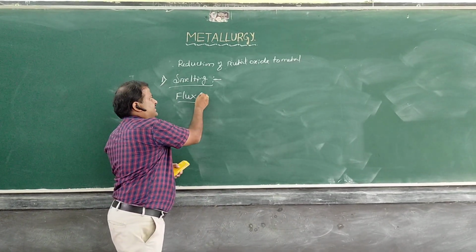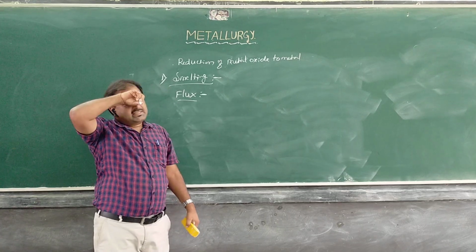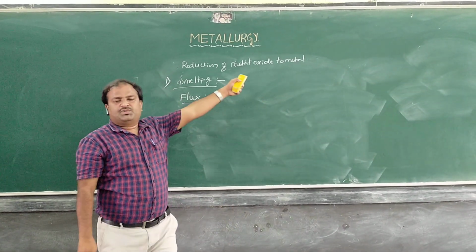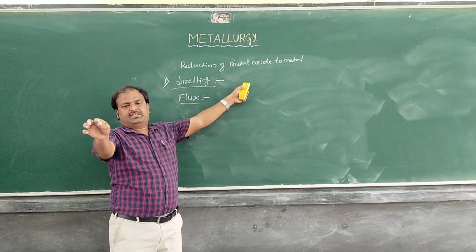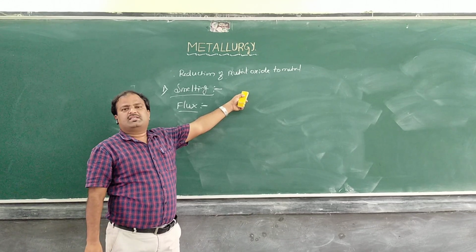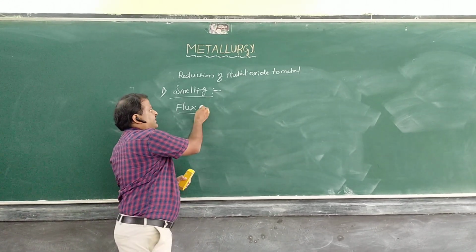That is flux. So once again, it is a chemical substance which is added to the concentrated ore during the smelting to remove the impurities to form a fusible product that is called slag. That is flux.